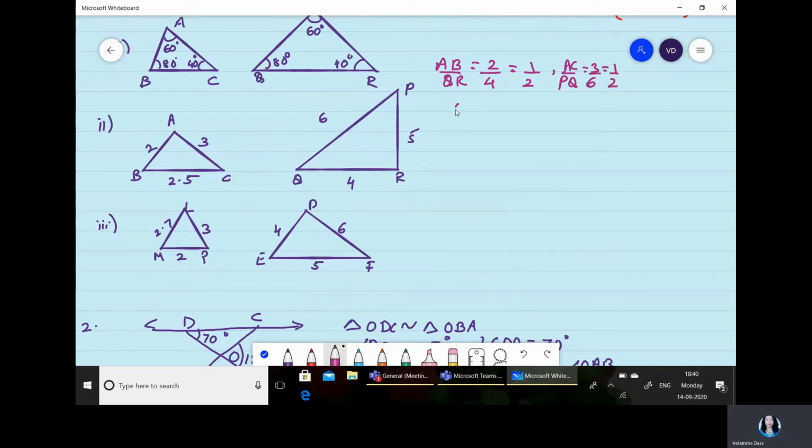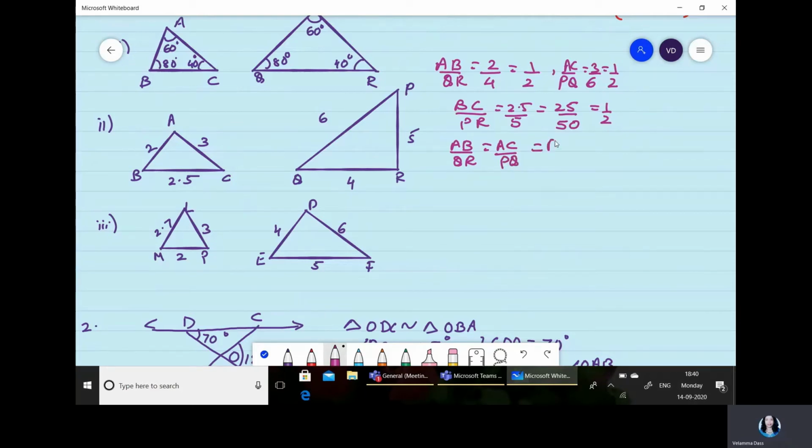The last, corresponding to BC, if I take PR, BC upon PR, I get 2.5 upon 5. To remove the point in the numerator, I multiply by 10, since the point is after one number. So 25 upon 50 will give you again half. So in this case we find all three sides are proportional.